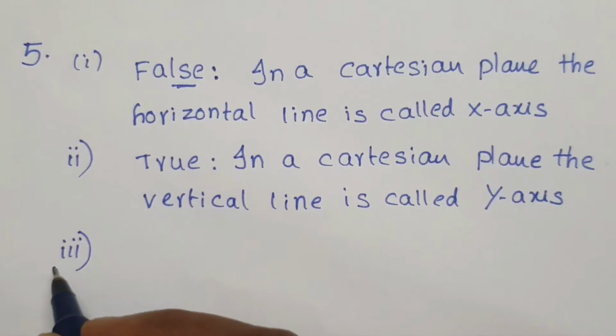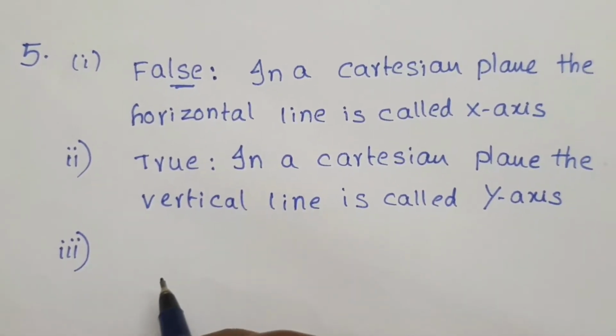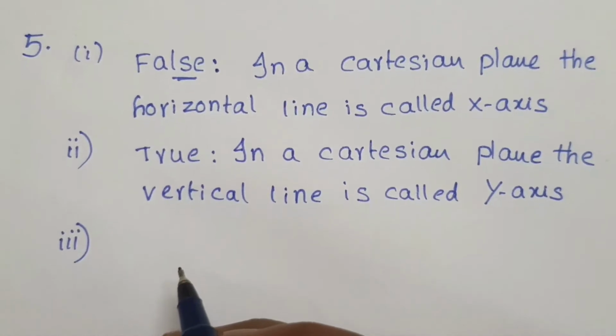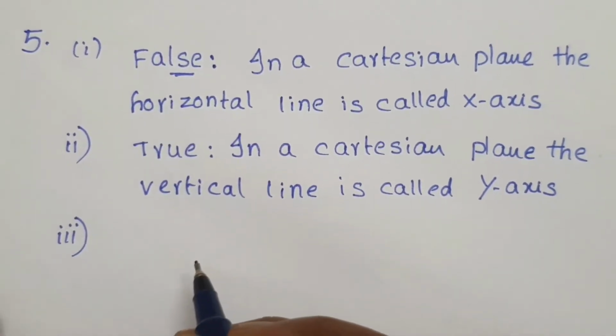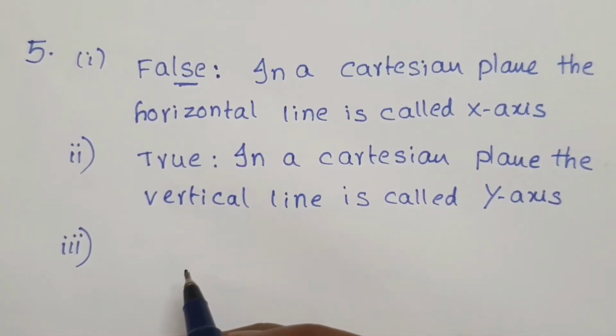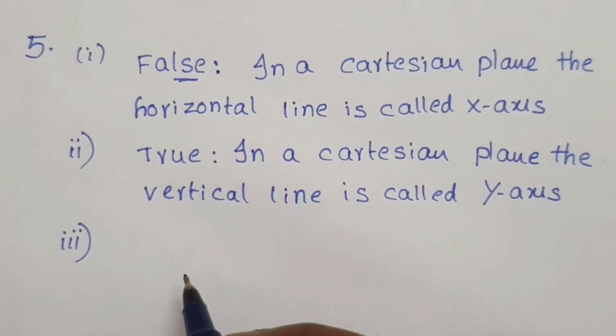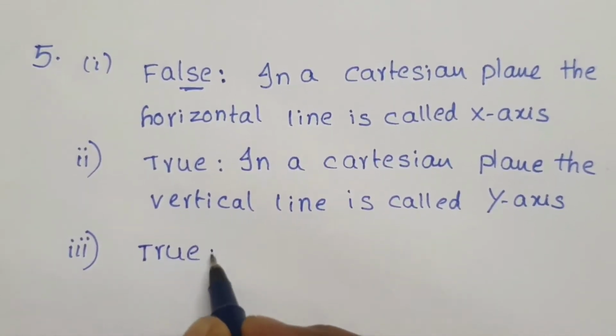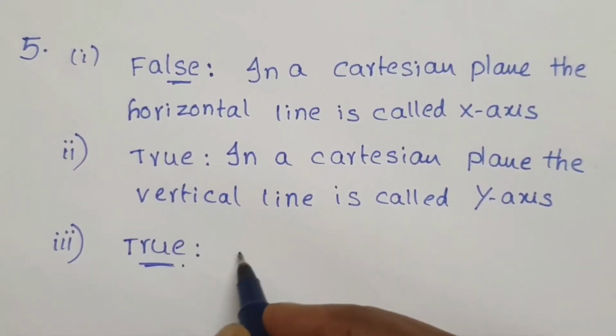Next, third question, listen. The point which lies on both the axes is called origin. So we know that intersect point means horizontal line and vertical line intersect point is called origin. So this is true. Reason.